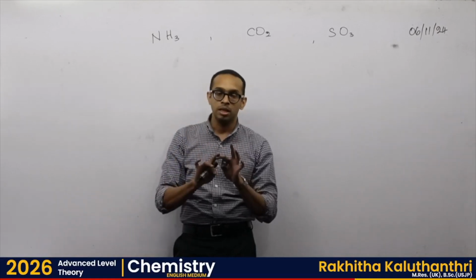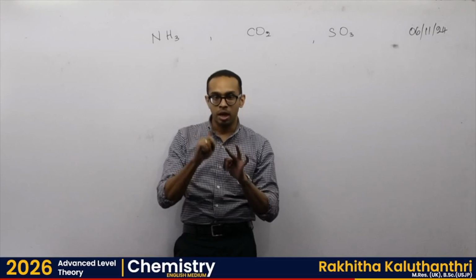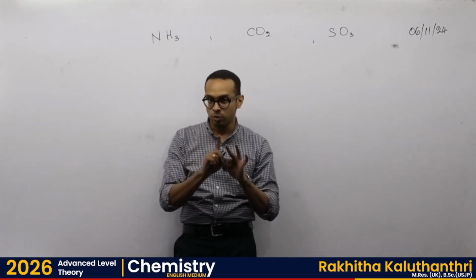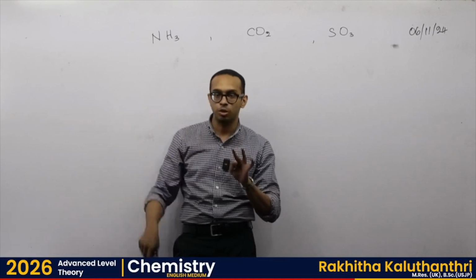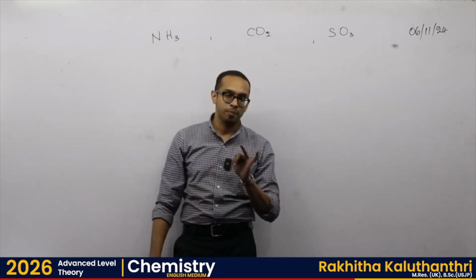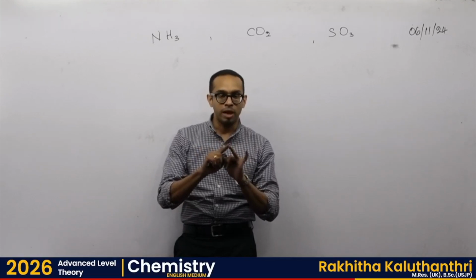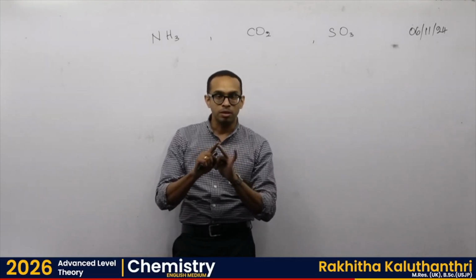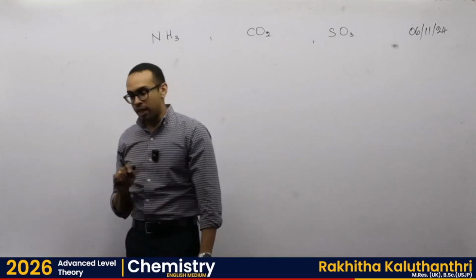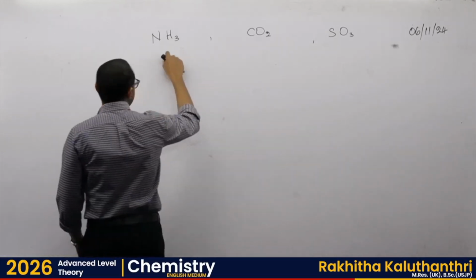Hydrogen is always +1 except when it is connected to a metal, forming metal hydrides. So that's a small chance. And then we learned most of the halogens are -1. So based on these rules, we can decide the oxidation numbers of these.